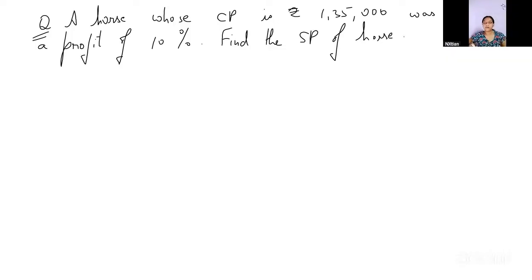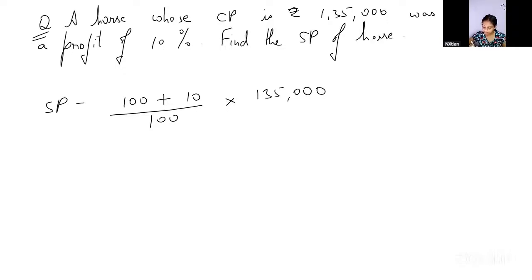Okay. What we will do? We will use a formula. We will add 100 and the profit percent, divided by 100, and multiply it with 135,000. So 110 divided by 100 into 135,000.